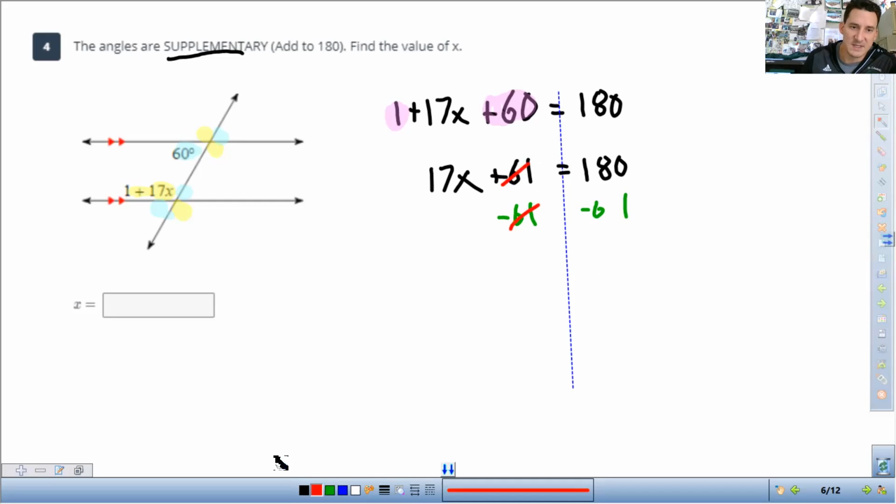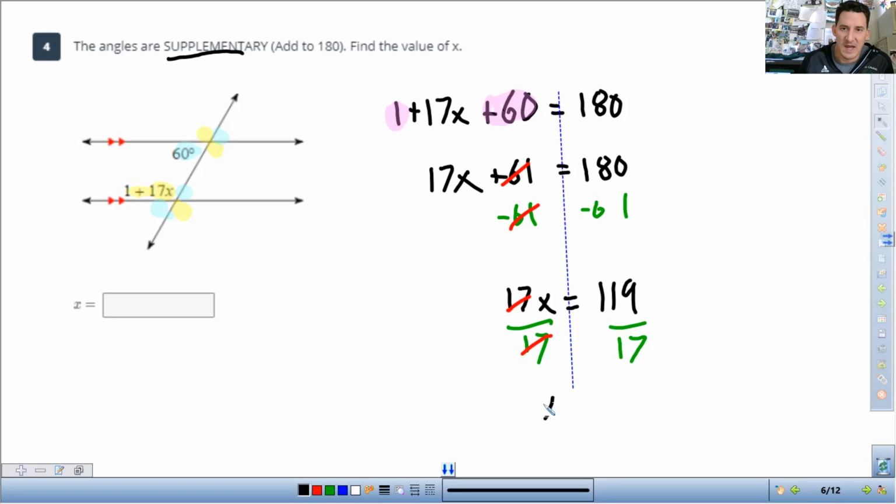Plus 61 minus 61 cancels out. You get 17x is equal to 119. And then you're going to divide both sides by 17. You get x is equal to 7.